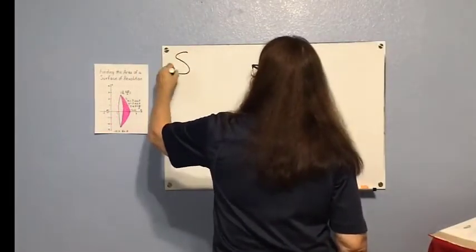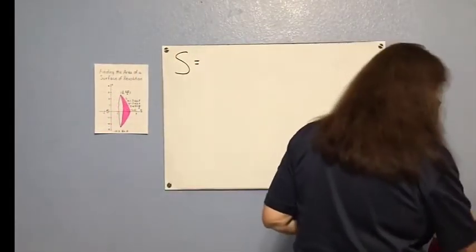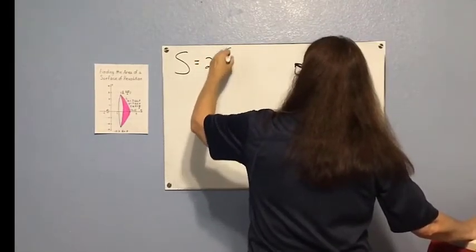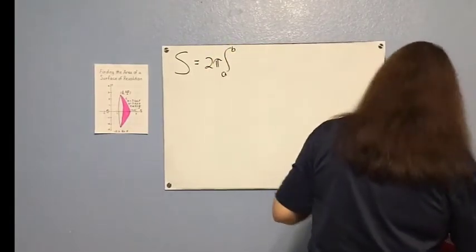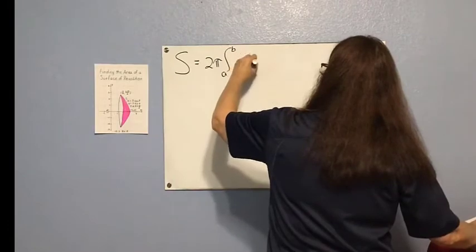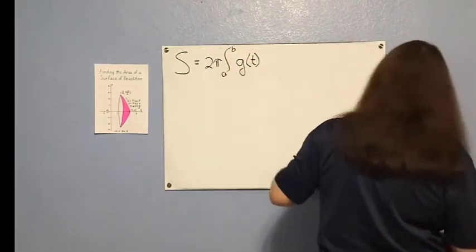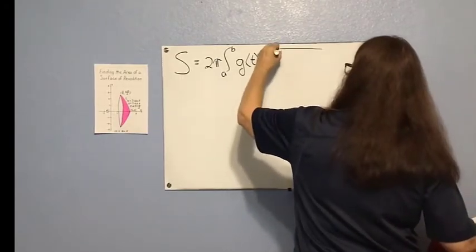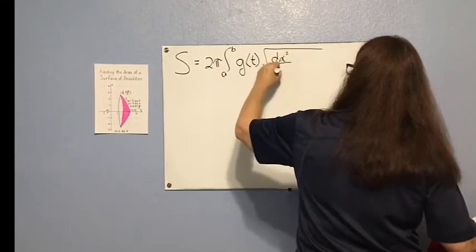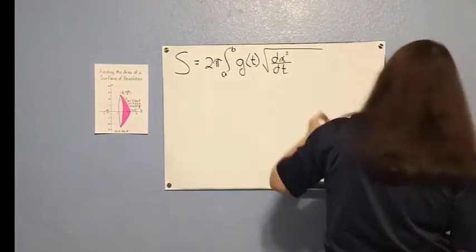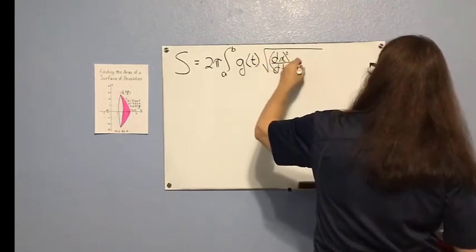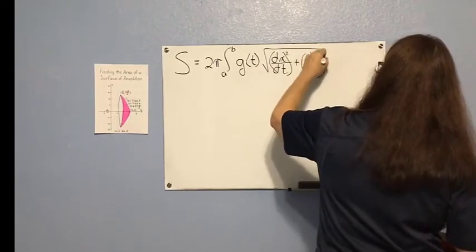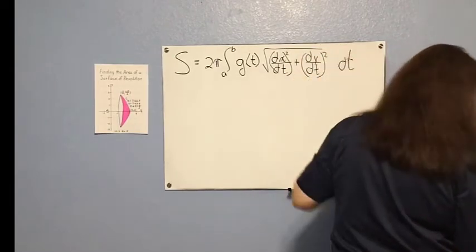Okay, so our formula for surface area is 2 pi times the integral from a to b of g of t times the square root of dx/dt squared plus dy/dt squared dt.